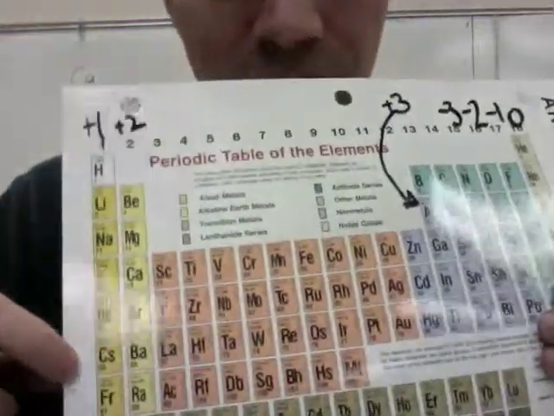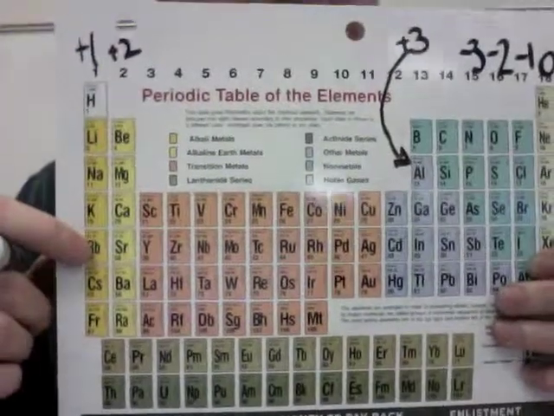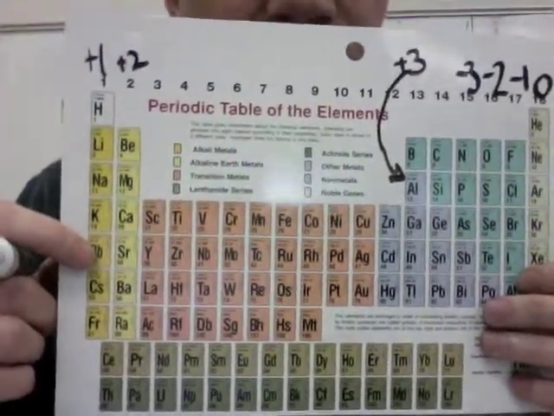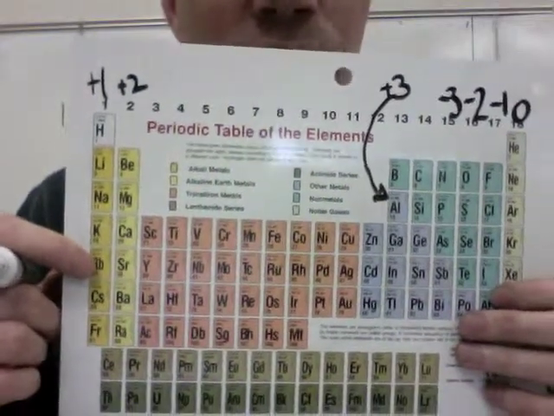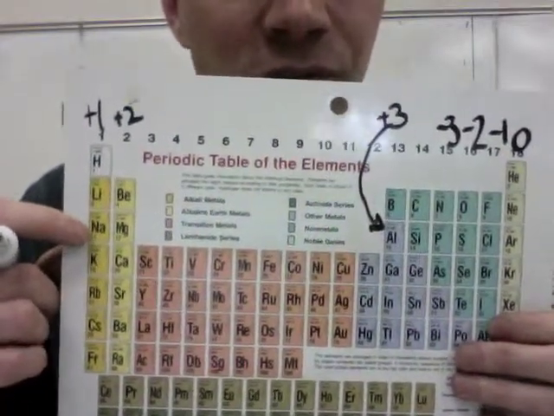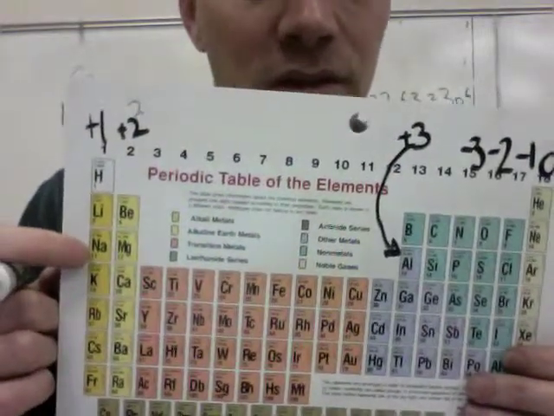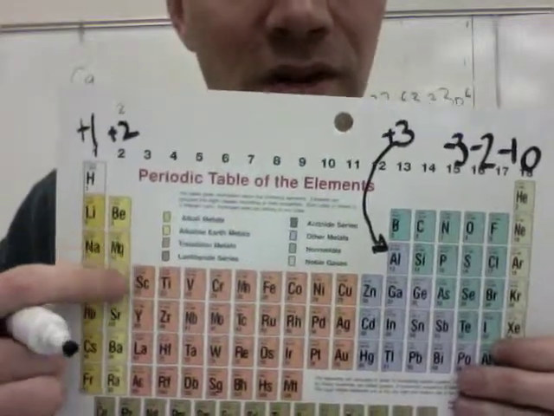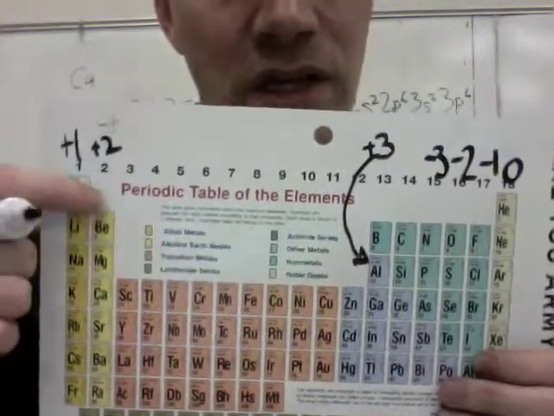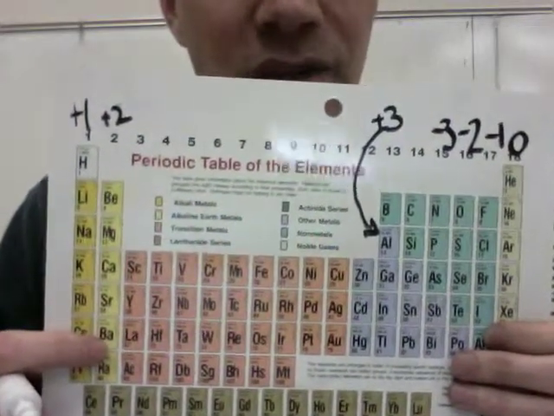Whenever you do it for any atom that's in this first column, the alkali metals, everything is always going to have a plus one charge when it becomes an ion. That's why for sodium chloride, table salt, the type of ion in it is sodium plus one ion. Everything in this column is going to have a plus 2 ion.